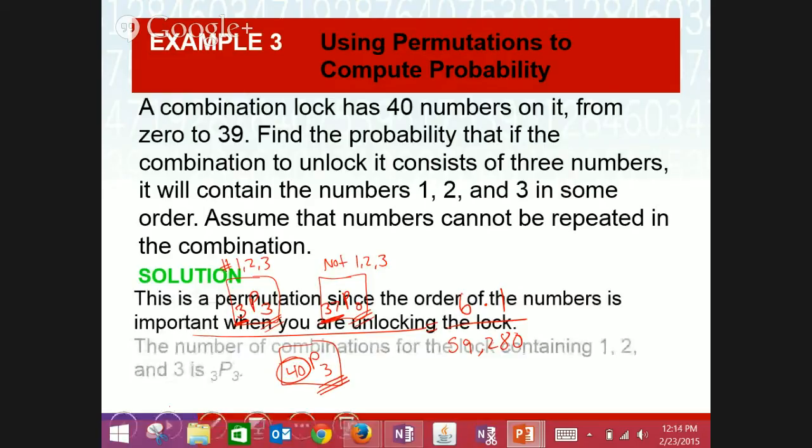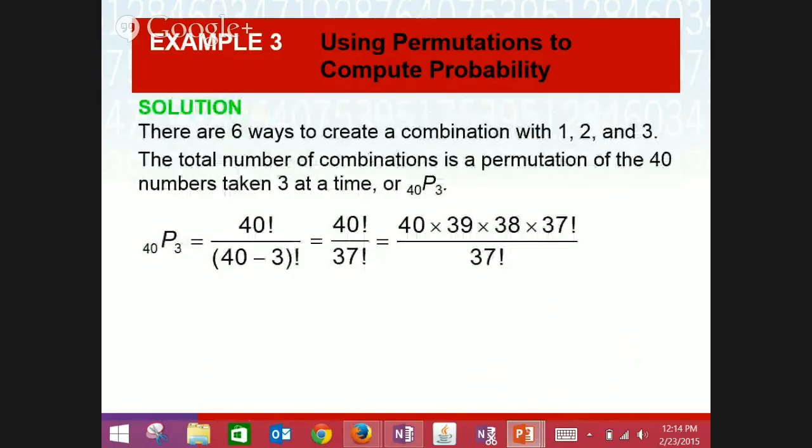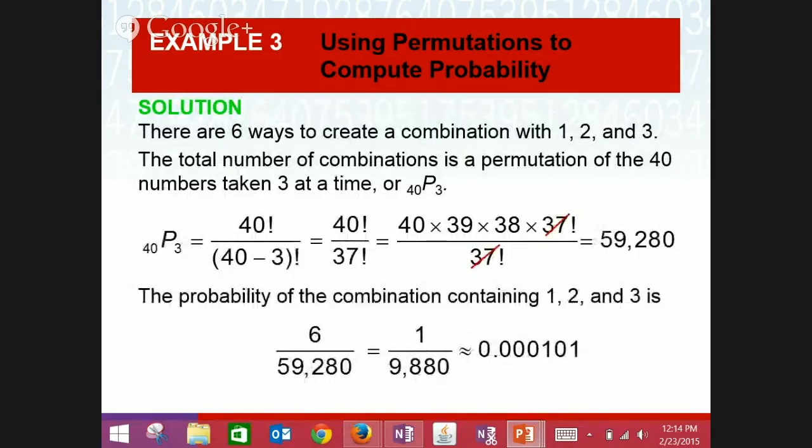And we're going to do some more, maybe where there's some in the other category where it makes sense to write it that way. So the probability that that's going to happen is 1 divided by 9,880, which corresponds to 0.000101.